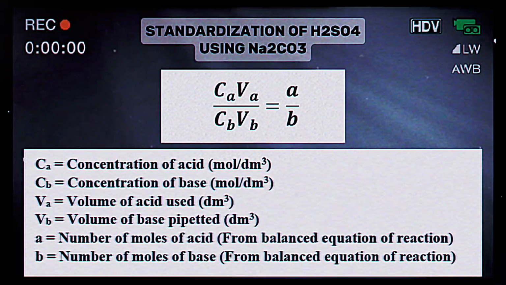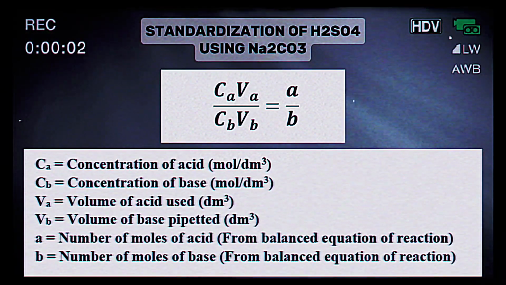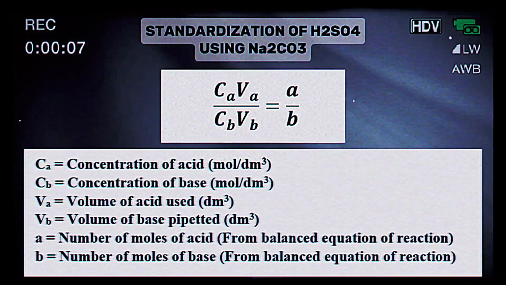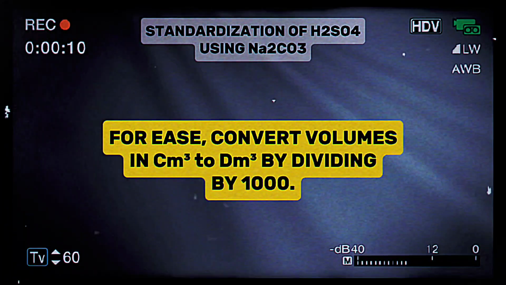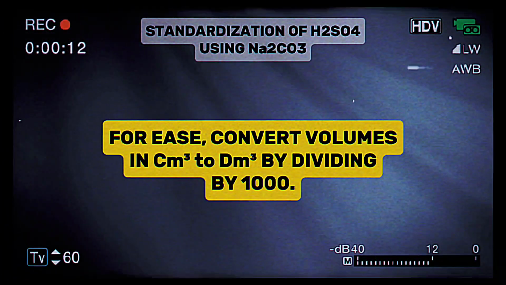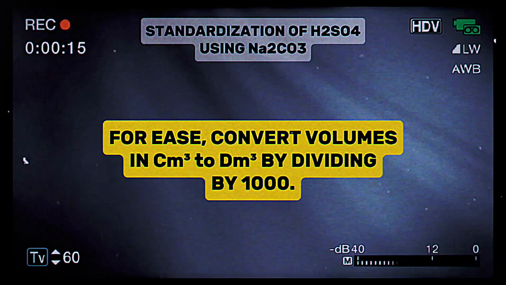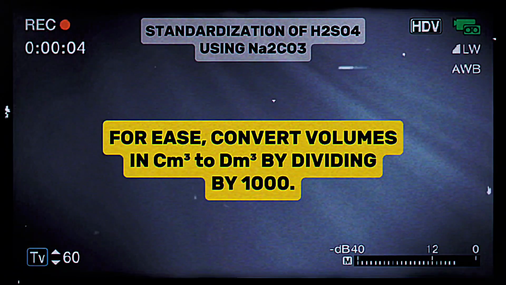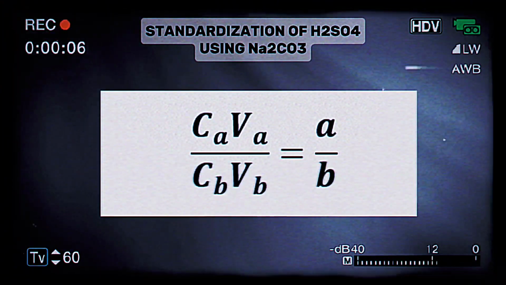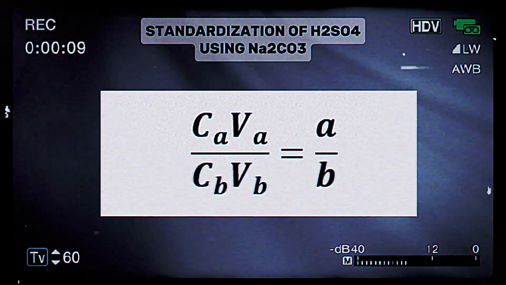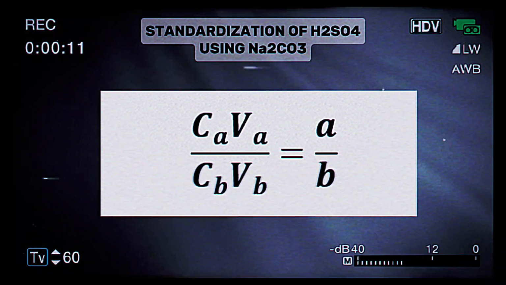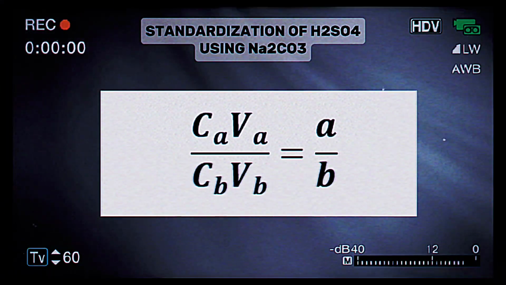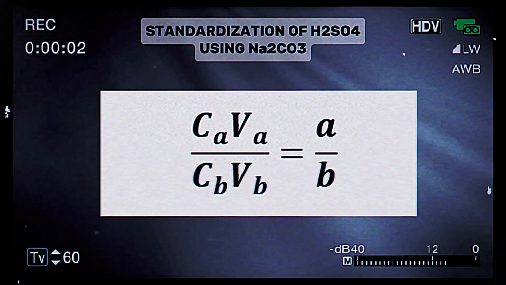For example, 25 cm cube of the base that was pipetted, that is VB, you should divide that by 1000 to convert it to dm cube. Likewise, your volume of acid used, whose value is in cm cube, you would have to divide it by 1000 to convert it to dm cube in order for you to use it in this formula efficiently. All right, so once you've done that, you should be able to get the concentration of the acid.